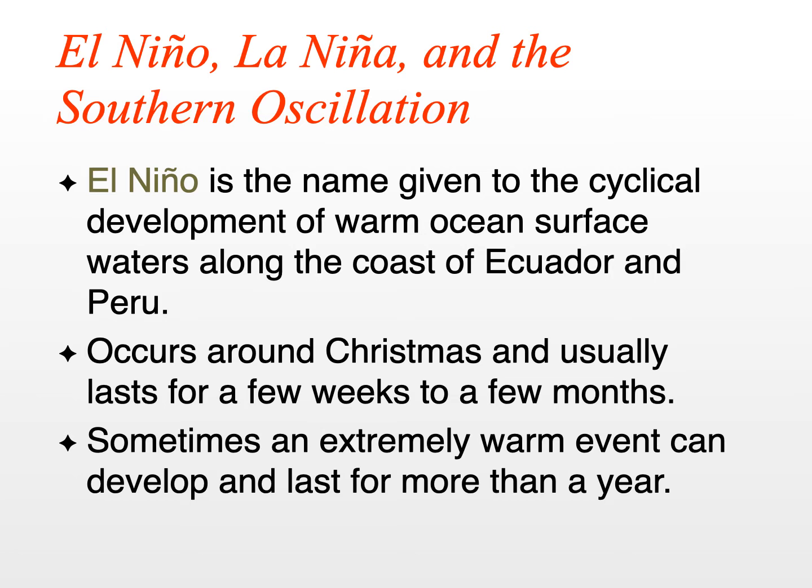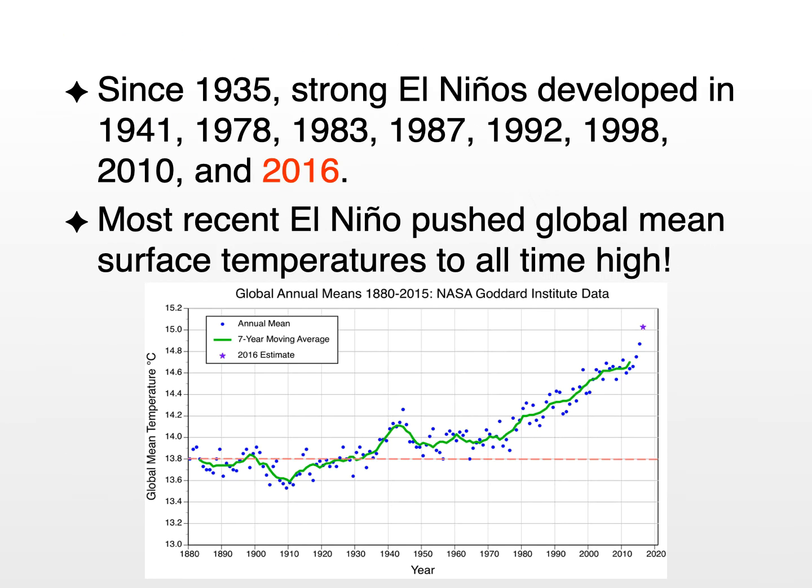Extremely warm events develop and last for more than a year. Since 1935, there have been strong El Ninos in 1941, 1978, 1983, 1987, 1992, 1998, 2010, and the last one in 2016.